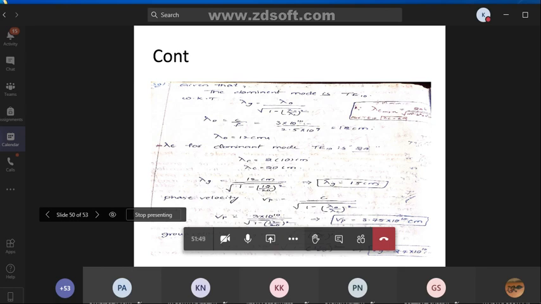So in the equation lambda c mn equals 2ab by square root of m square b square plus n square a square, if you substitute m equal to 1 and n equal to 0, then you will get lambda c equal to 2a for the dominant mode. So TE10 is the dominant mode.